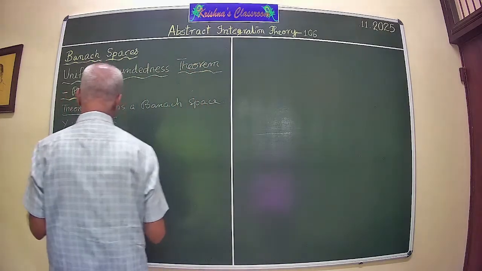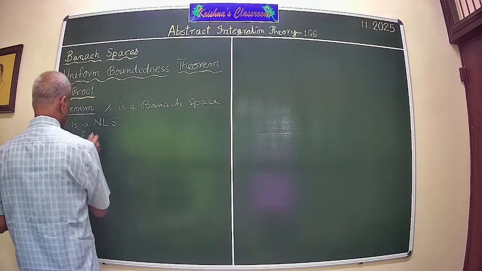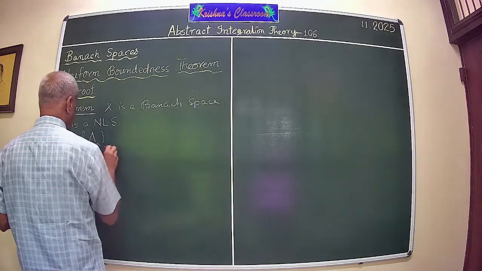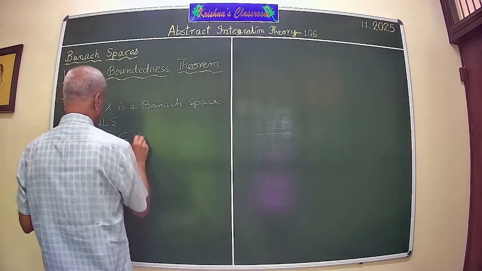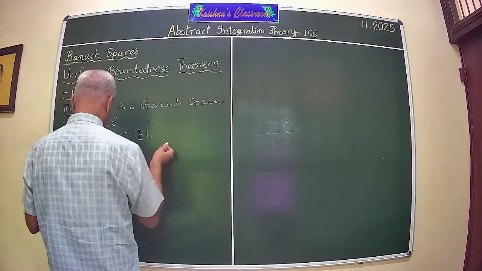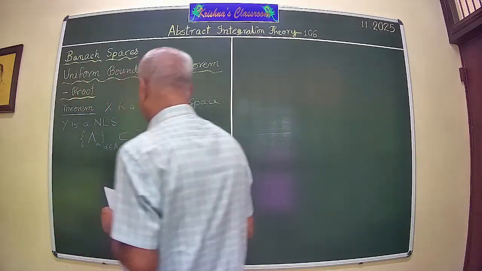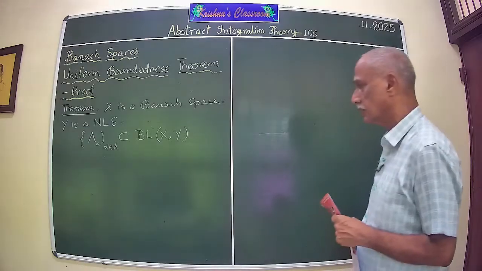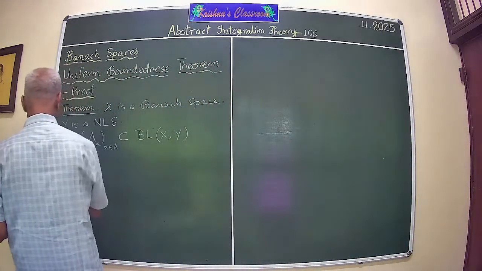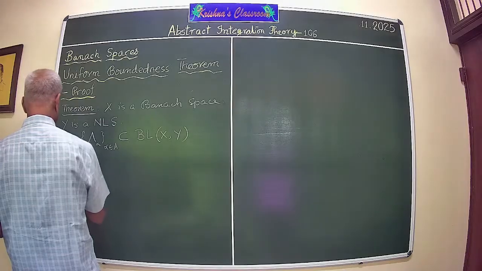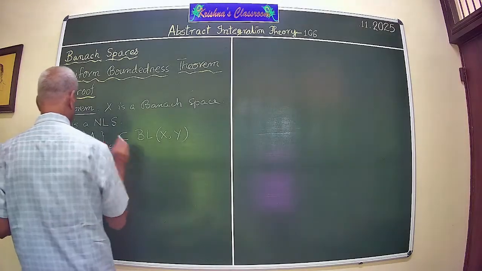So let lambda alpha, alpha belonging to A, be a collection of bounded linear transformations, not the entire one, but a subcollection of that, where A is an index set.